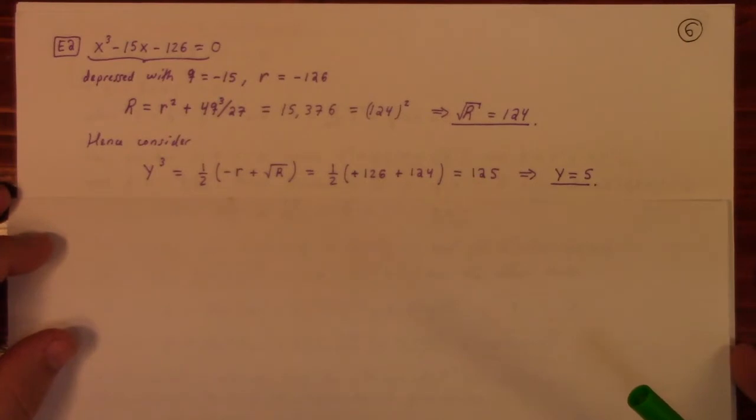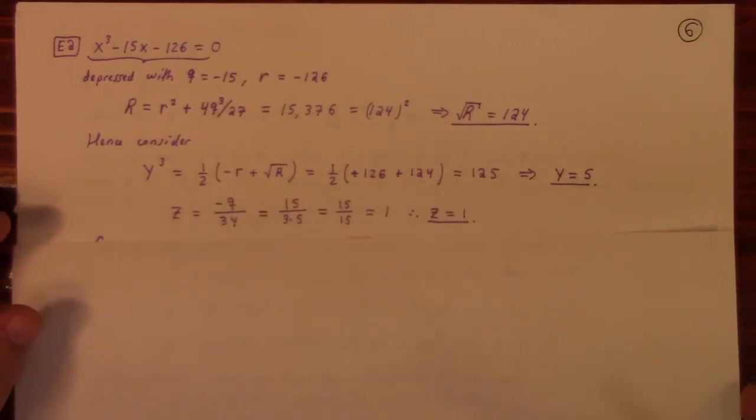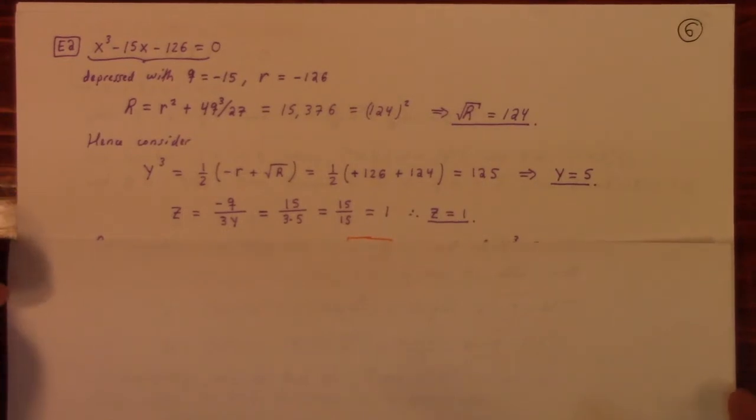What's the cube root of 125? Oh, it's 5. Hooray! And this example is just so cheesy. I mean, this is such reverse engineering of a cubic to make the equations here as nice as possible.